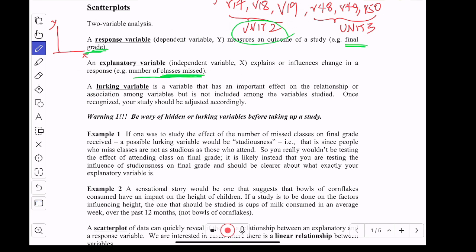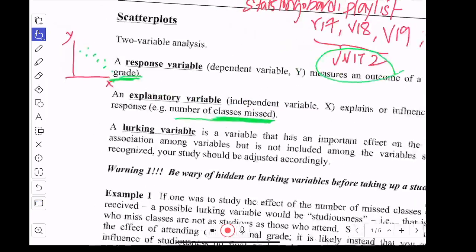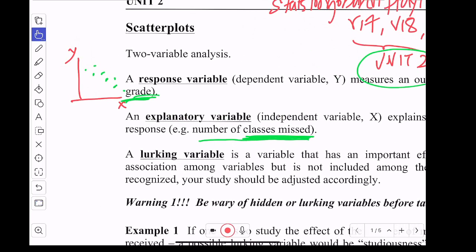We have to be careful, even if we did see a relationship. Let's say we actually plotted that and we saw a relationship that did look like the more classes missed, where X is the missed classes and Y is the final grade, the grade goes down.